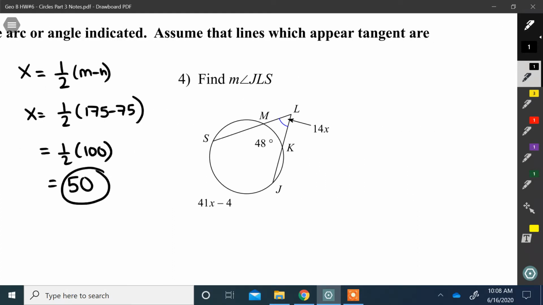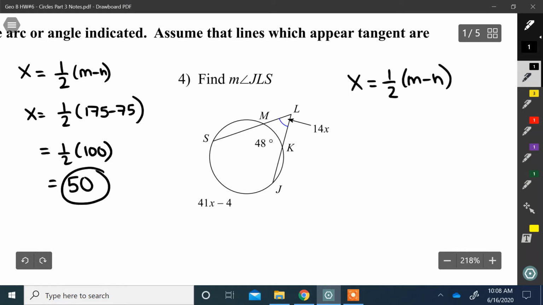Okay, same idea with number 4. I'll set it up for you, you finish it for me. The equation we're supposed to be using for that one, remember we're dealing with degrees right now. Okay, these are 2 secants. So the equation looks like this.